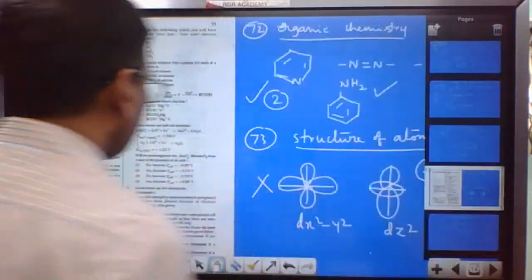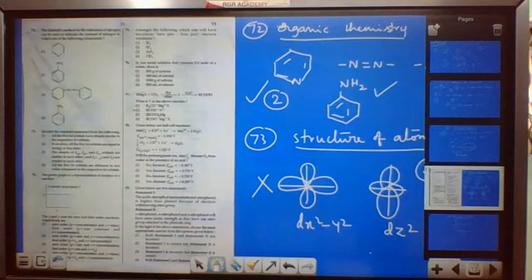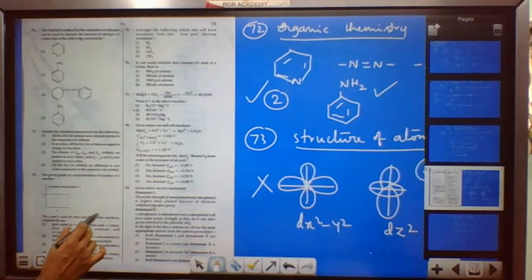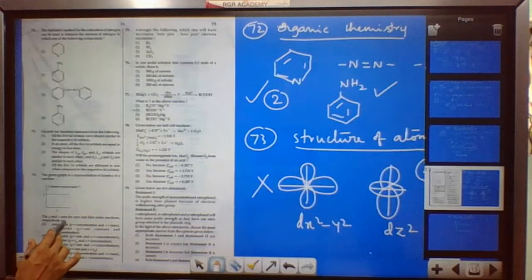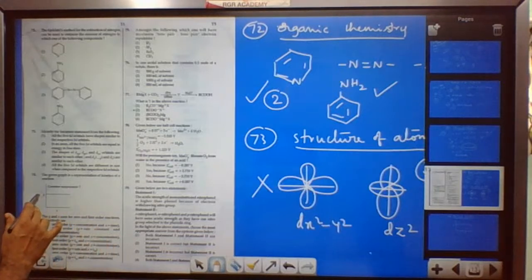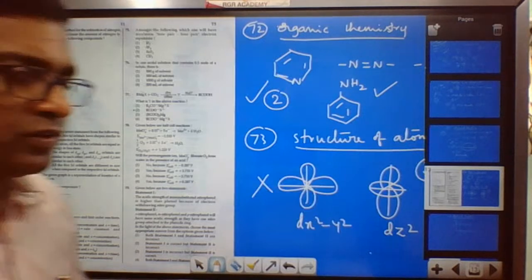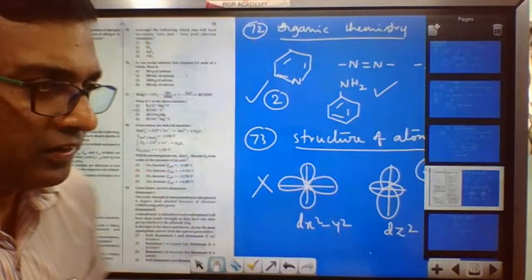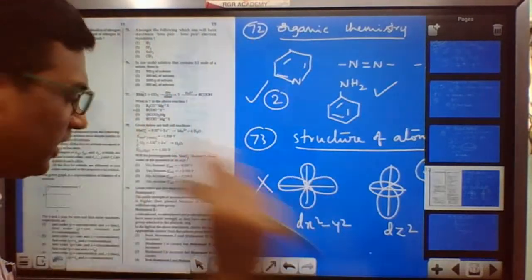Then they gave a very interesting question. I'm not sure how many students answered this question. Let us take zero order. The y and x axis for zero and first order reactions respectively. For zero order reaction, we already know that rate of reaction does not depend on the concentration of the reactants.